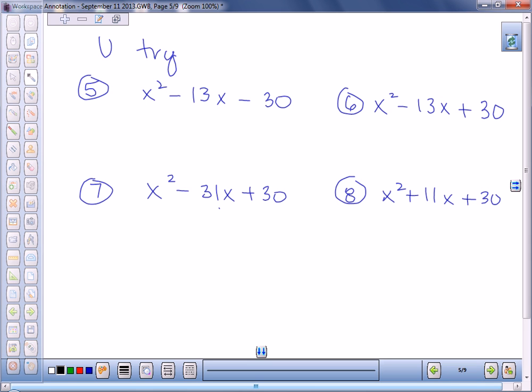The middle number. It's negative 30. Isn't it clever how I gave you the same first term and used the same number for the last one, but made 4 different problems out of it? You're so smart.